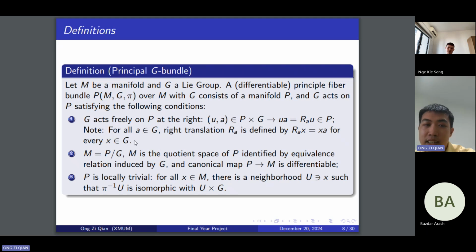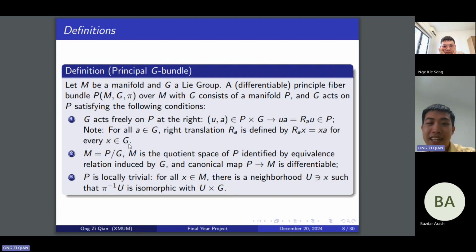I use another notation: R_A is a right action between A in G and X in P, and A acts on X by multiplication on the right side. That's a typo, yes. X is in P, and you already defined R_A, so you don't need it.